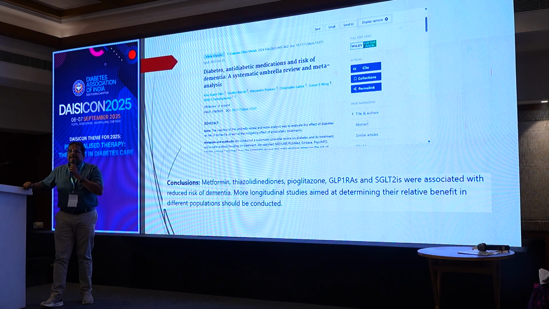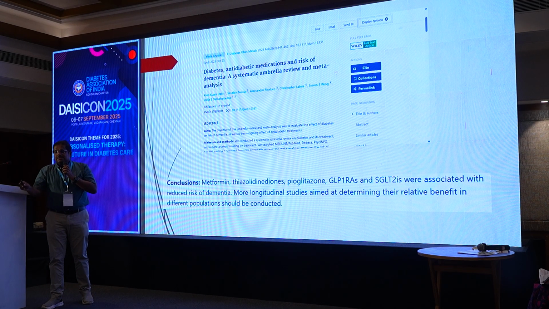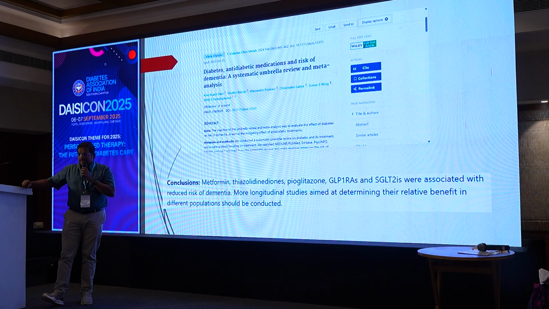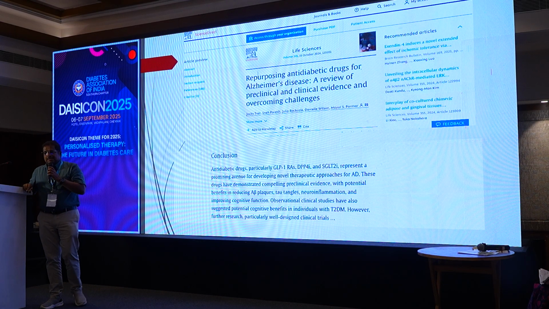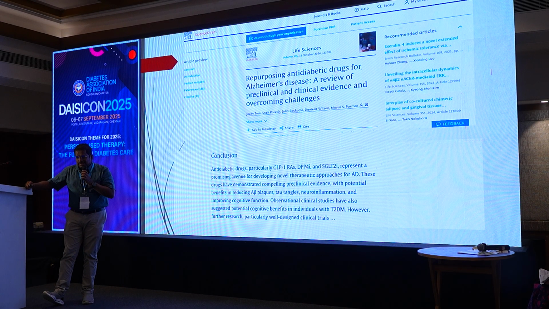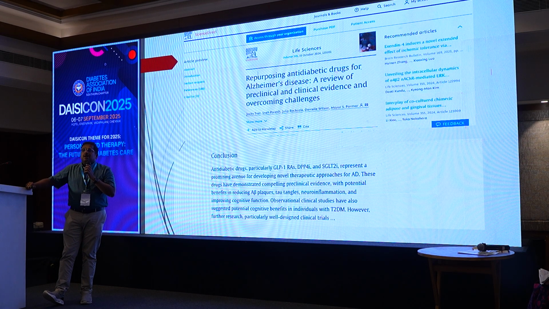These are some meta-analysis trials which show that metformin, thiazolidinediones, pioglitazone, GLP-1 receptor agonists and SGLT2 inhibitors, except sulfonylureas, are associated with reduced risk of dementia. Another meta-analysis study shows that GLP-1 receptor agonists, DPP4 and SGLT2 inhibitors are also a novel therapeutic approach for Alzheimer's disease.